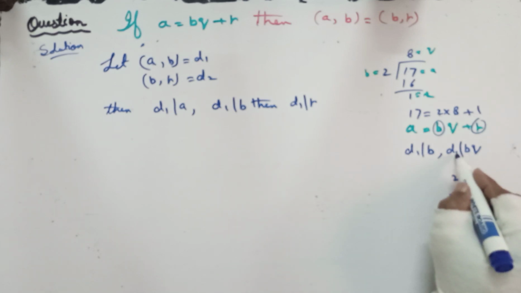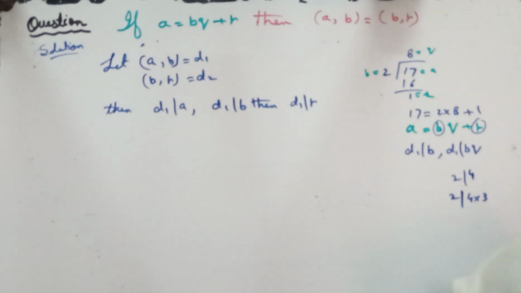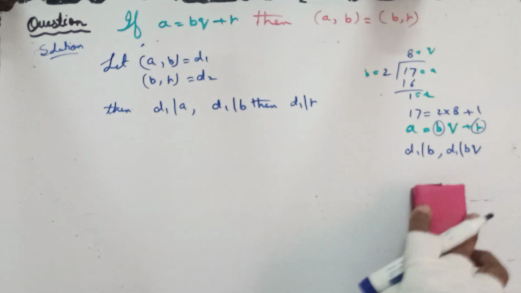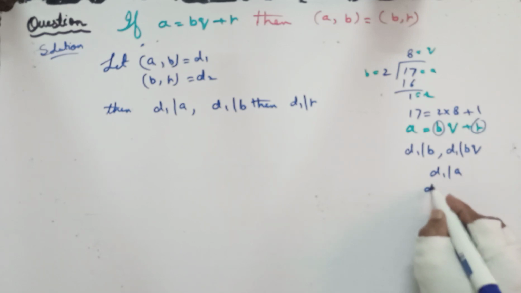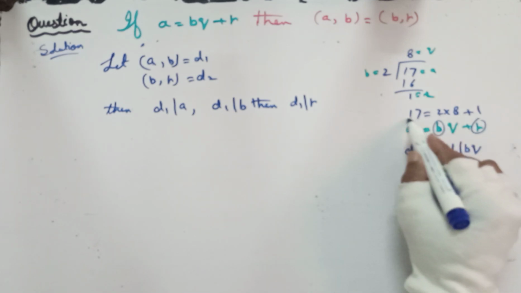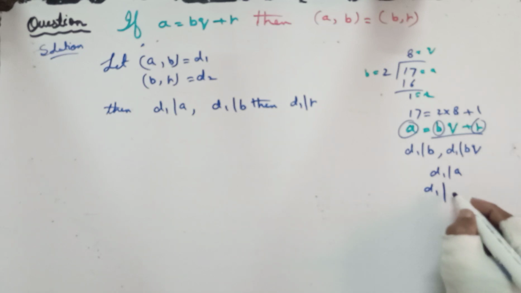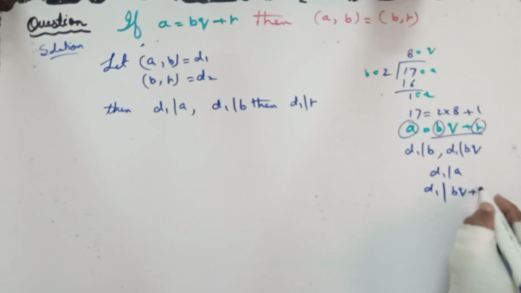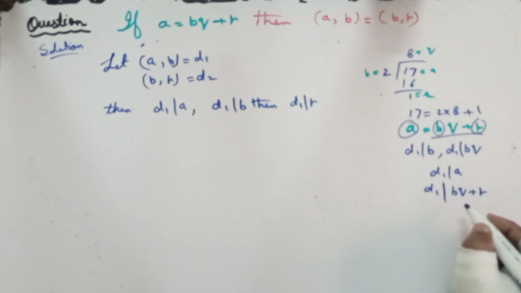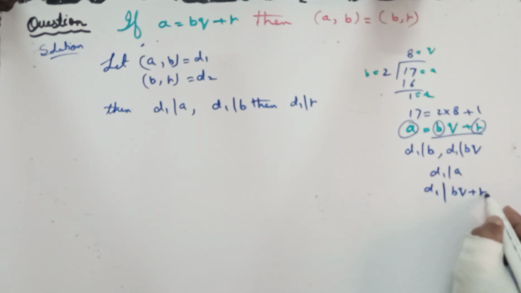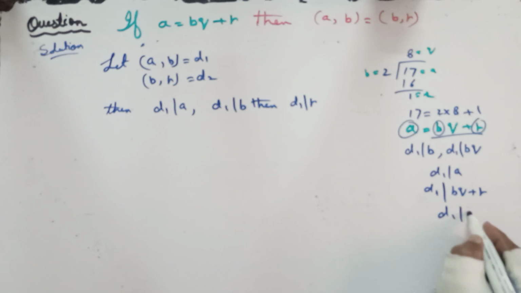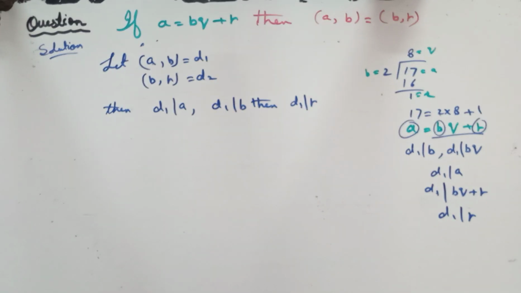So D1 divides BQ, and D1 also divides A, so D1 divides this whole side, because A is equal to this whole side. D1 divides this and D1 divides this whole, therefore D1 divides R.